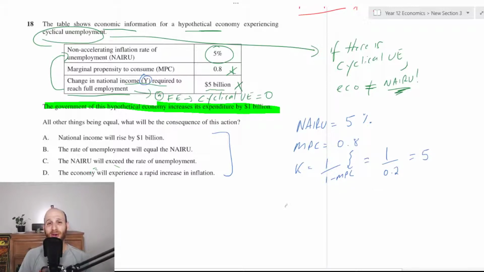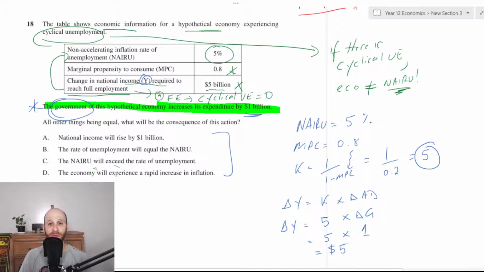So now I know that the change in Y equals K times my change in AD. I can see that the change in AD here is going to be government spending. So the change in Y equals the multiplier K times the change in government spending, which equals 5 times 1 billion, which equals $5 billion.